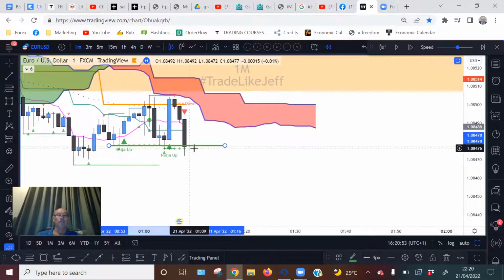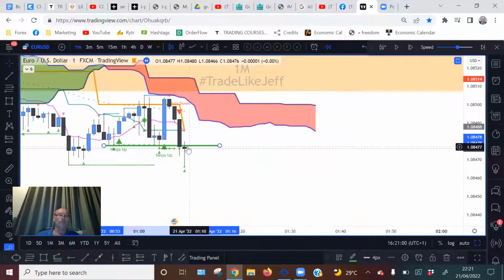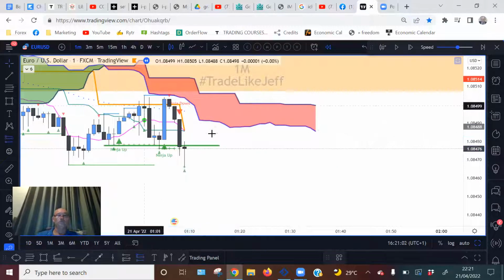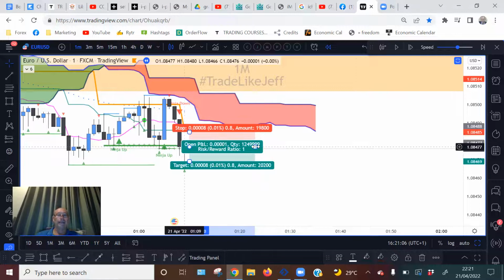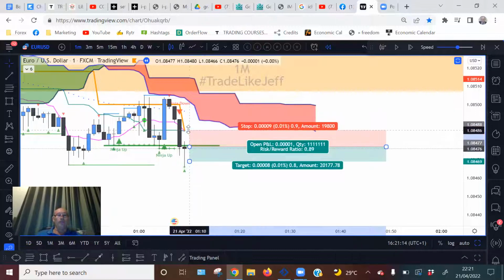So the next candle broke something underneath that, we entered the trade. Right there. Again, same rules, same conditions. Stop loss just above there. Candle there.